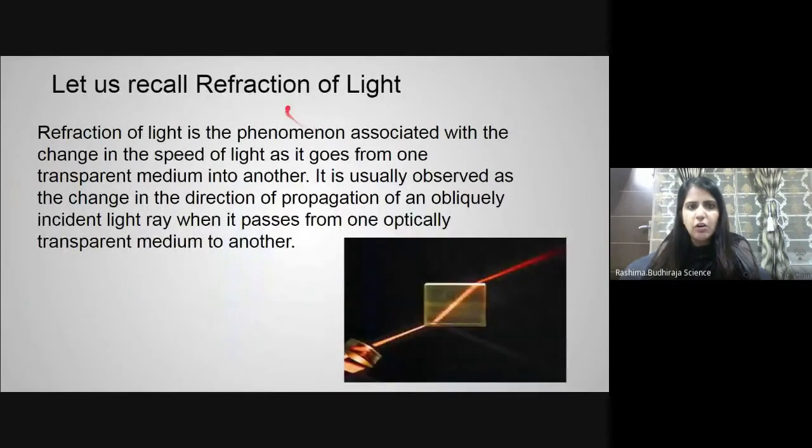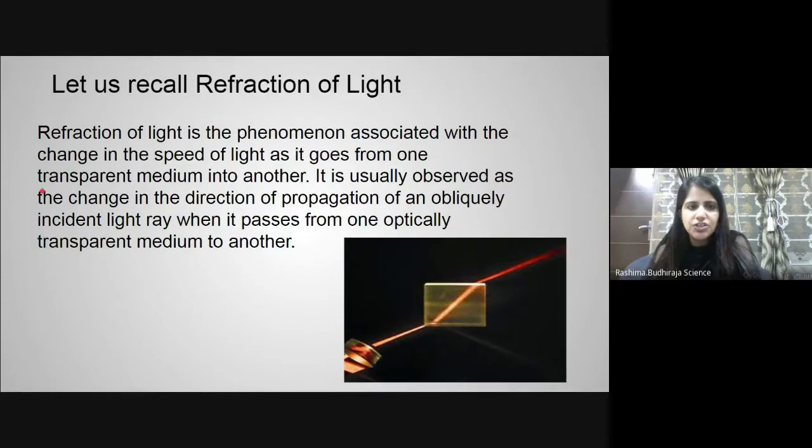Let us recall refraction of light. We have done that before, but let us quickly recall refraction of light so that we can relate lenses to refraction of light. Phenomenon associated with the change in the speed of light as it goes from one transparent medium into another.